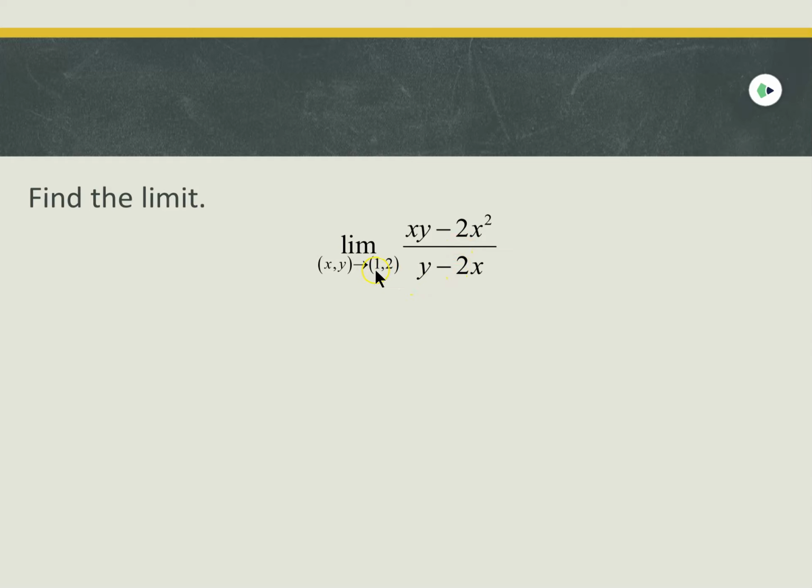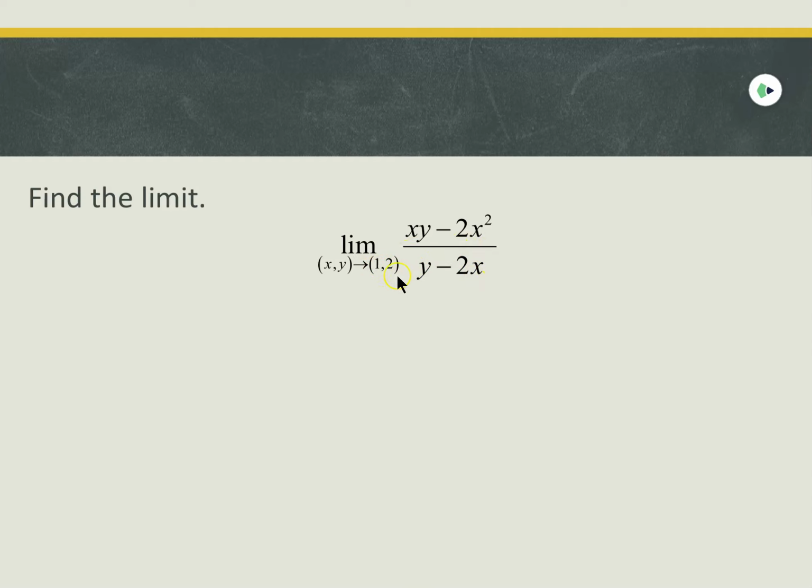Well, as we get close to the point 1, 2, notice that our denominator is going to have some issues. As we get close to the point 1, 2, my y value is approaching 2, so this y is approaching 2 minus 2 times x. Well, the x is approaching 1.